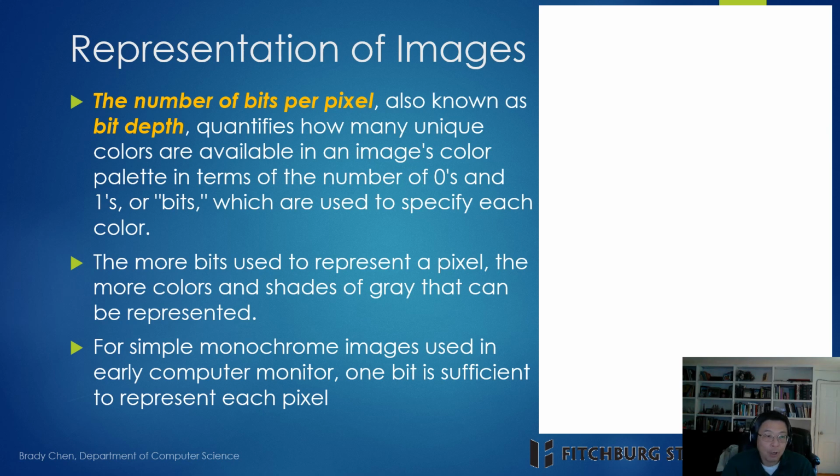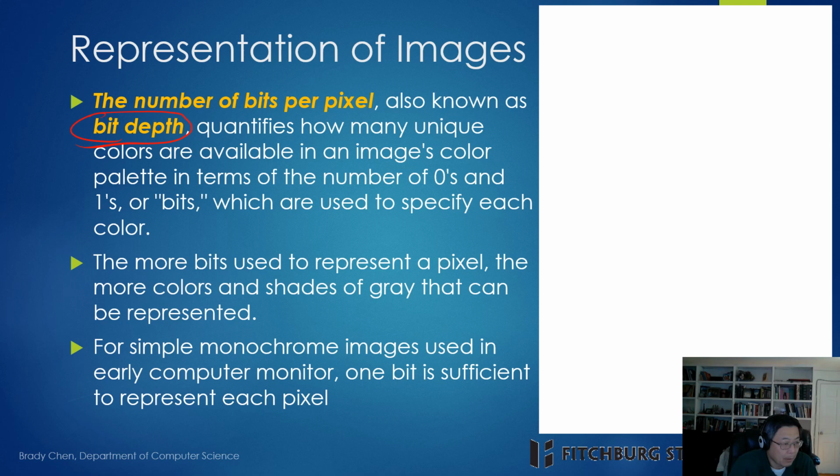This is also known as bit depth. It tells how many unique colors are available in an image color palette, in terms of the number of zeros and ones, or bits.